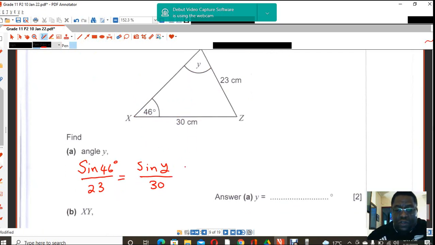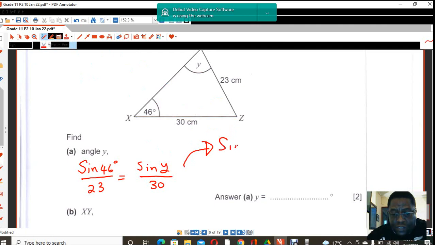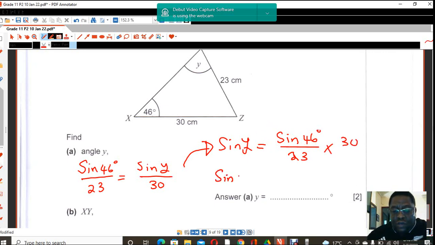So this then gives me that sine y will equal sine 46 degrees over 23 times 30 in order to get rid of that. So sine y will give you some horrible decimal.